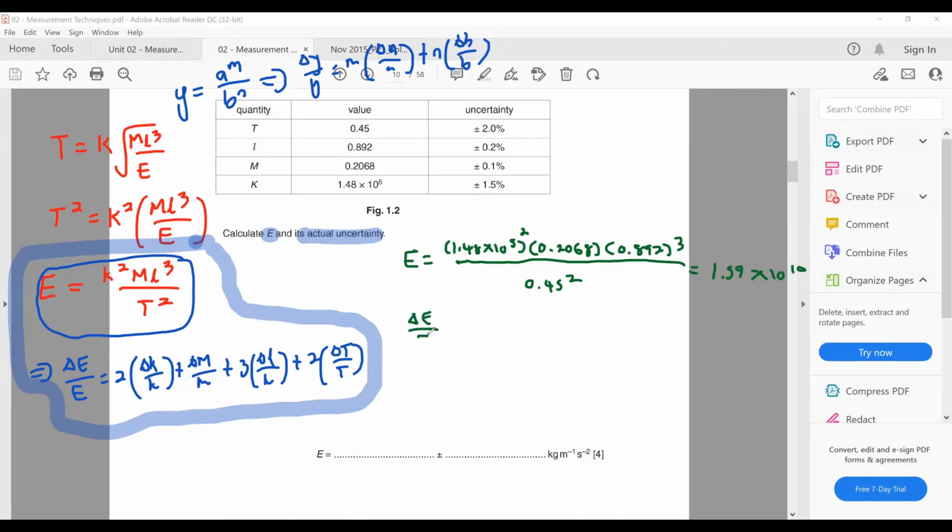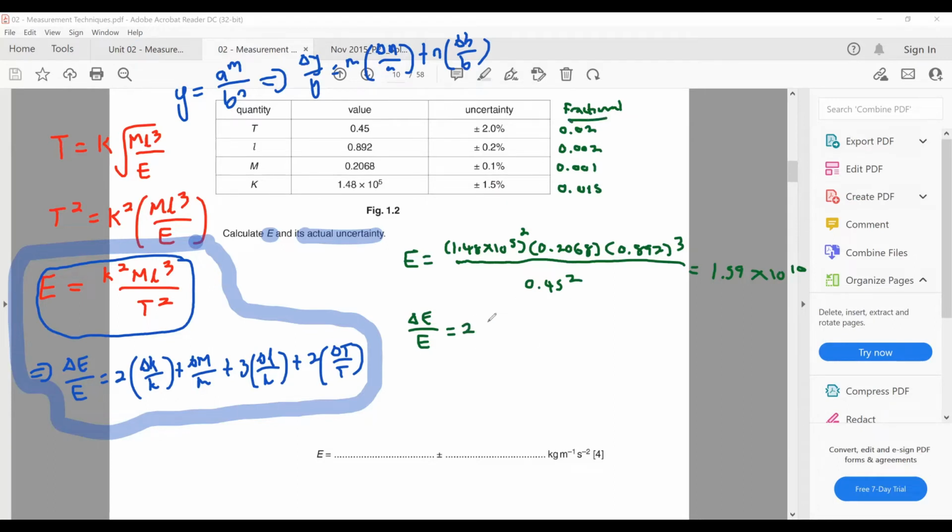Now your delta E over E, because all this is in percentage uncertainty form, you can change it to fractional form. This one is 0.02, this one is 0.002, 0.001, 0.015. Okay, this one is in fractional form.